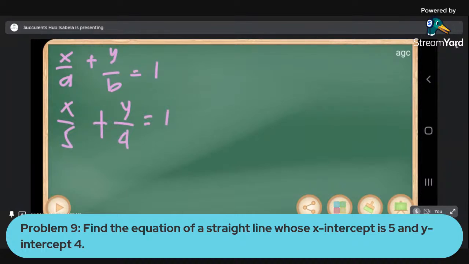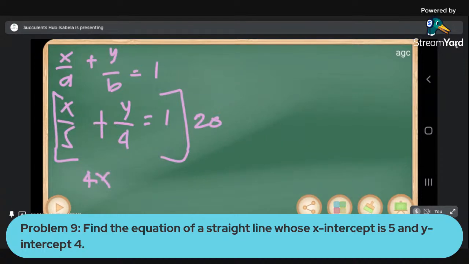Okay? So, since ang general form of the equation of a straight line ay wala siyang fraction, so we can actually eliminate the fraction, yung 5 and 4, by multiplying 20, di ba? So, 20 divided by 5 is 4 times x is 4x.